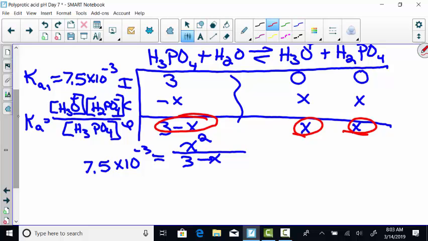Now, because this is 10 to the minus third, I can cross out that x. And now I just solve for x. And when I solve for x, I'm going to assume that you can do that math correctly. And x comes out to be 0.15.